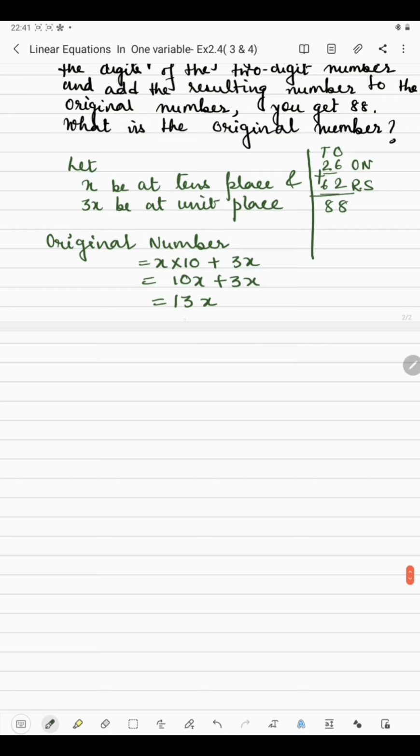Now let's find the resulting new number. So after interchanging, we will get the new number. So what will be the new number? See, at first we considered x at tens place.